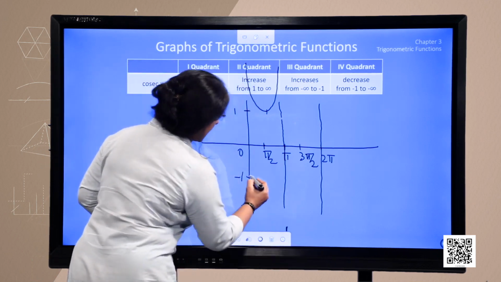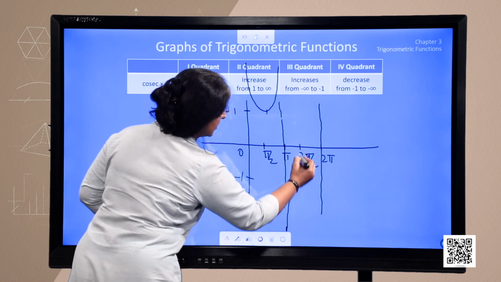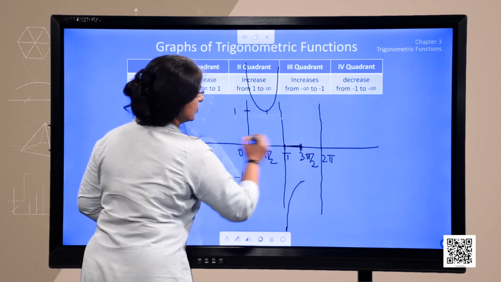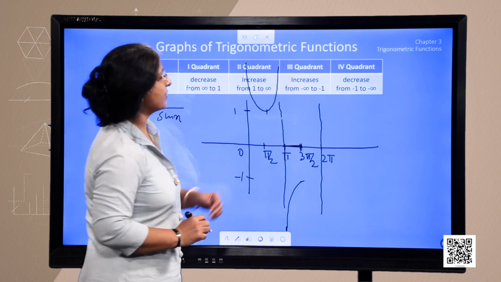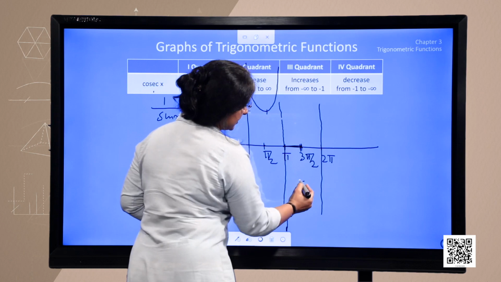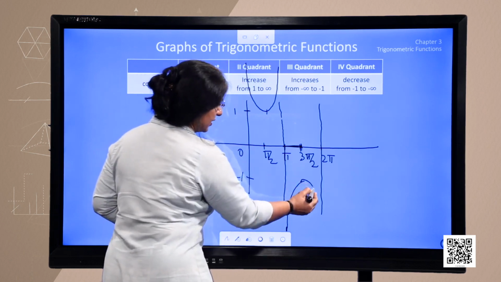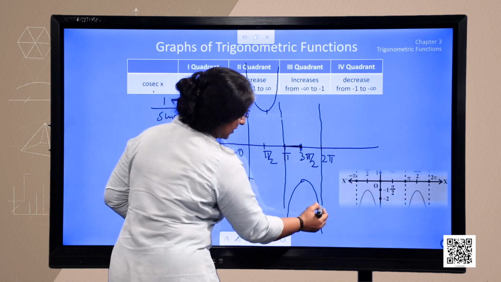Minus infinity here and minus 1, it will come till this point in the third quadrant, from this place to this place. In the fourth quadrant, the value of cosec x will decrease from minus 1 to minus infinity.